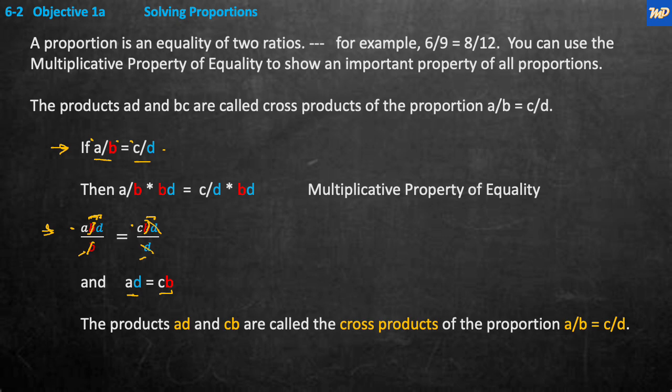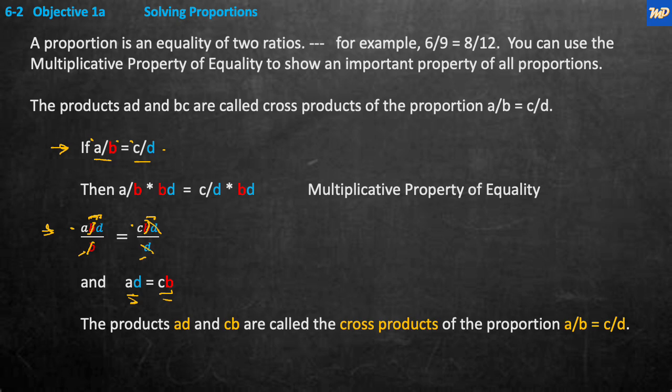So then AD is equal to CB. And what's that going to show us now? The thing called a cross product. The products AD and CB, there they are, are called the cross products of the proportion A divided by B equals C divided by D.